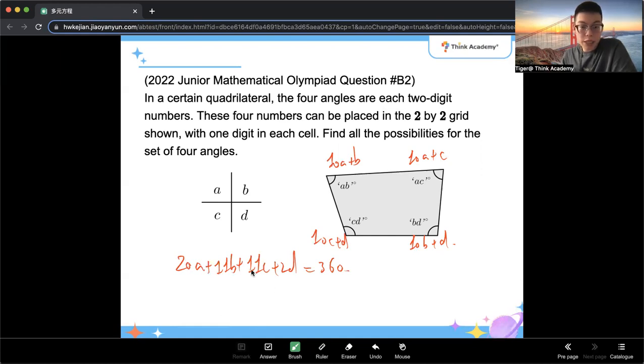So you can just try to combine this into 2 large unknowns. The first one being 2 times 10A adding D. The second one being 11 times B adding C. And that's 360.